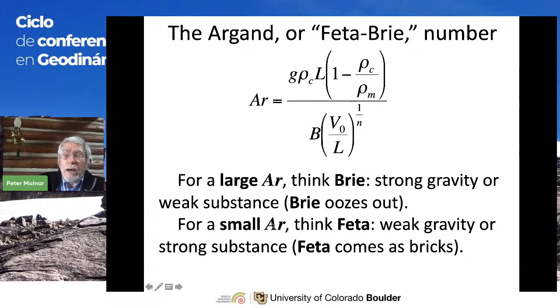And a small Argand number, which you can make small by either making g small or making B large, for example. Think of feta cheese. Feta cheese comes in blocks, it comes in bricks. And gravity doesn't deform feta cheese, it just stands there. So we nickname the Argand number Feta-Brie, and this makes it easier to remember in some ways if you know the cheeses, the French cheeses, and well, feta is a Greek cheese, brie is a French cheese.